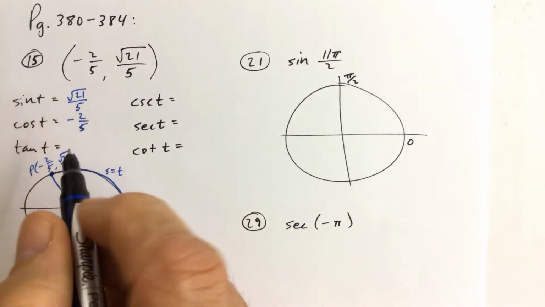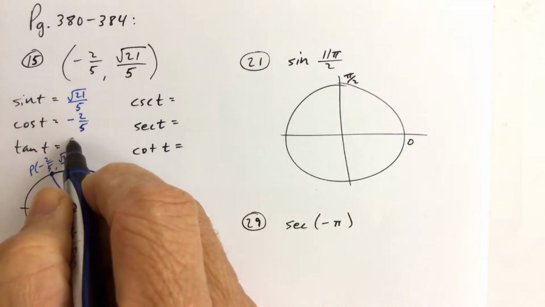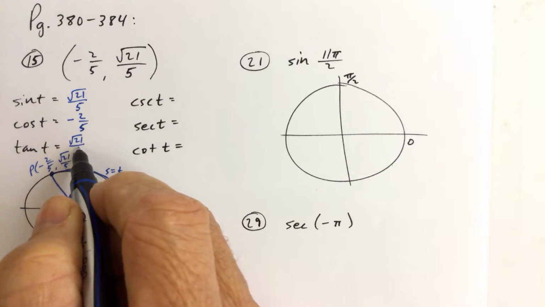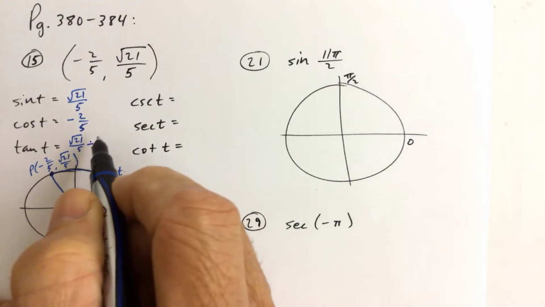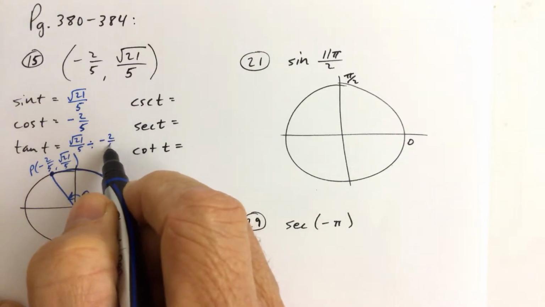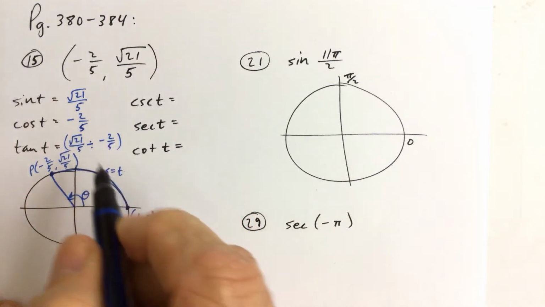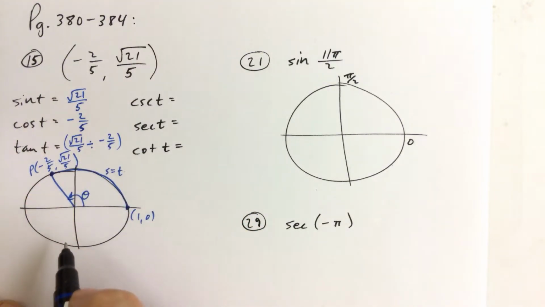We know that the tangent is the y coordinate over the x coordinate, so radical 21 over 5 divided by negative 2/5. So I'm going to leave it like that, and if I wanted to, I could simplify that.